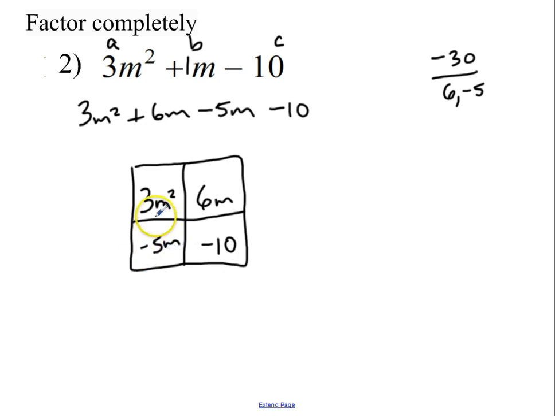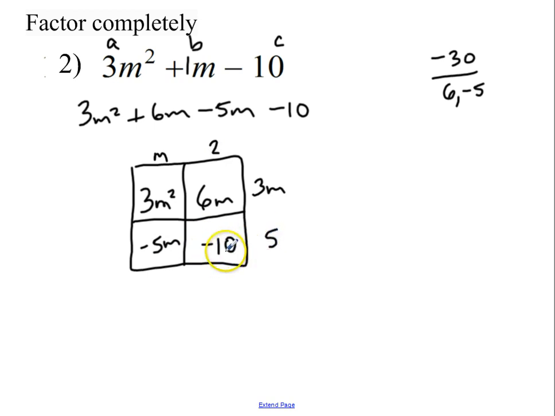GCF here. Think about what that is. That would be an m. GCF going across, that would be a 3m. GCF going up, 2. GCF going across the bottom, that would be a 5.